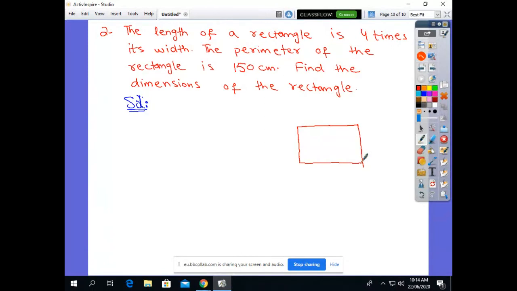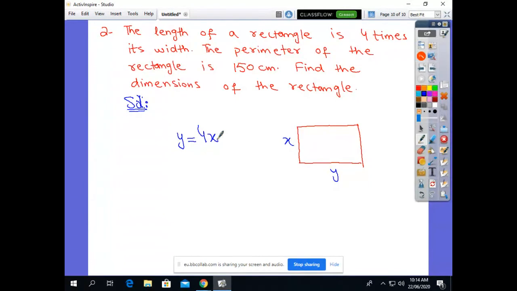Suppose we call the width x and the length y. According to the statement, length is 4 times its width. That is, y is equal to 4 times. Times means multiplication. Length is 4 times its width.